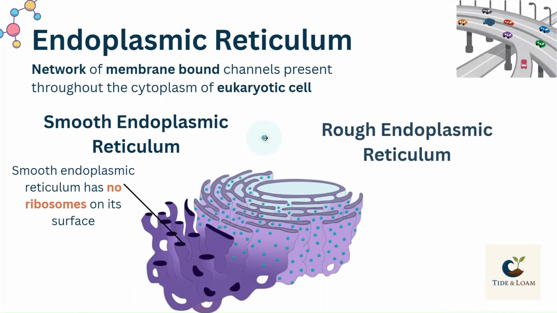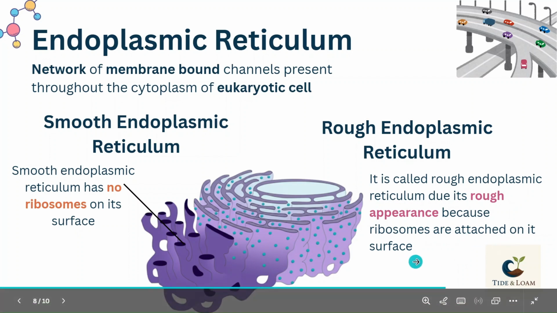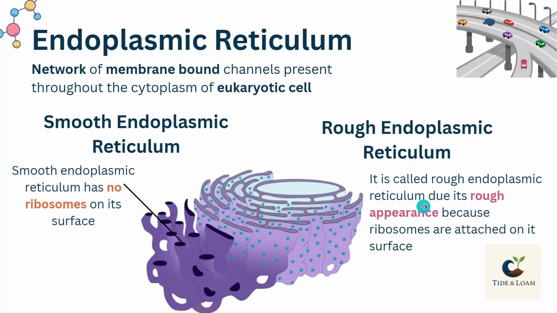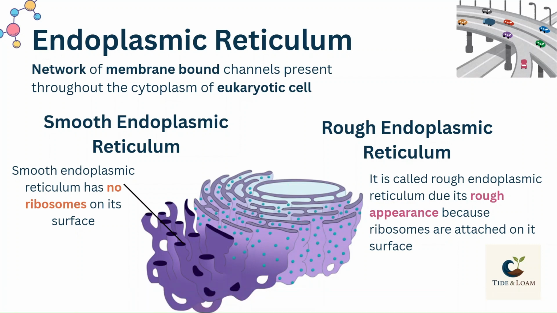The other type is rough endoplasmic reticulum. It is called rough endoplasmic reticulum due to its rough appearance because of ribosomes are attached on its surface. So rough endoplasmic reticulum को हम rough endoplasmic reticulum इसीलिए कहते हैं because of its rough appearance. इसकी surface पर ribosomes attached होते हैं जिसकी वजह से इसकी surface rough appear होती है, and that is why it is called rough endoplasmic reticulum.